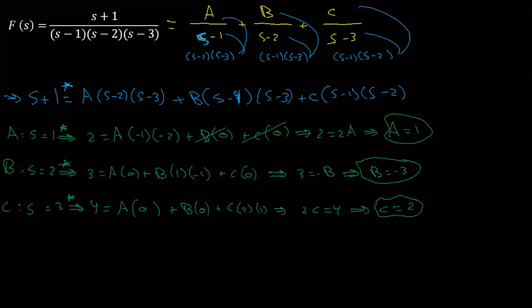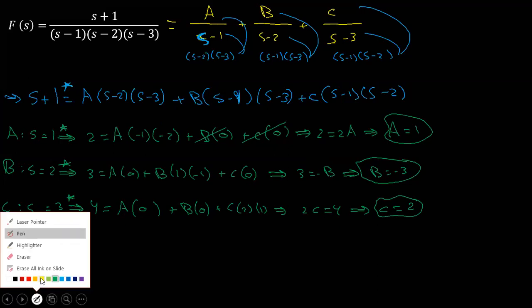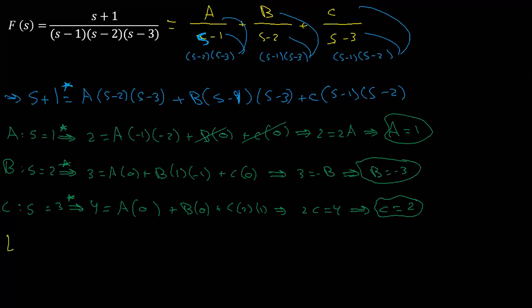Those are my constants. So now, let me use the yellow. If you need to find the inverse of the function F of s, instead of using all this complicated fraction, I'm going to use those 3 simple fractions. The first one, A is 1. So I need to find the inverse of the first one, which is 1 over s minus 1.